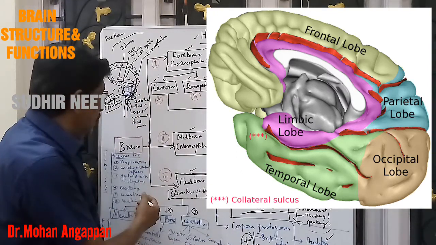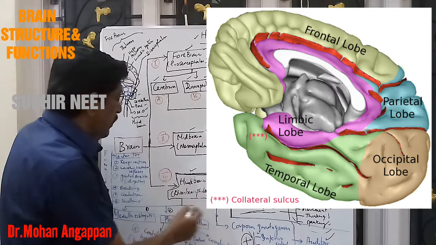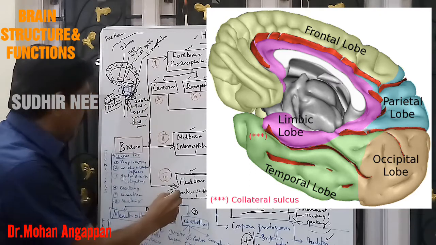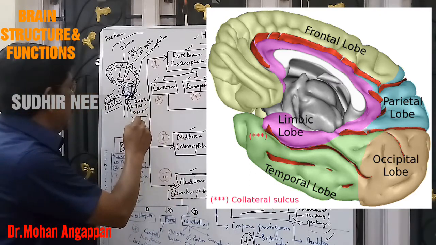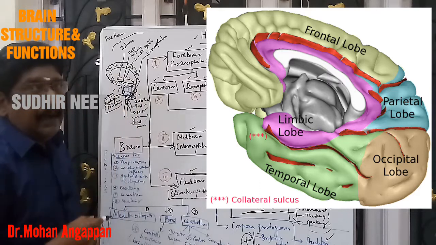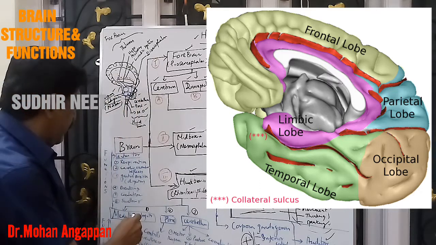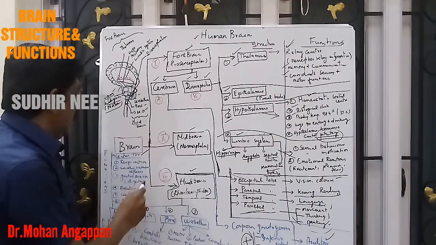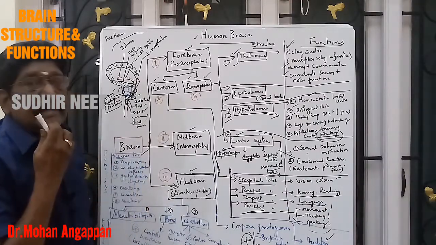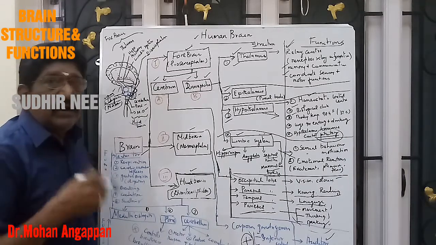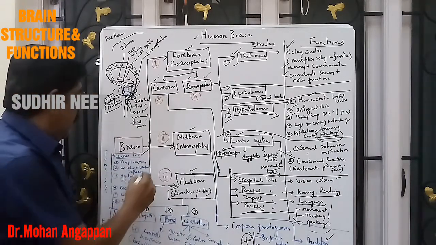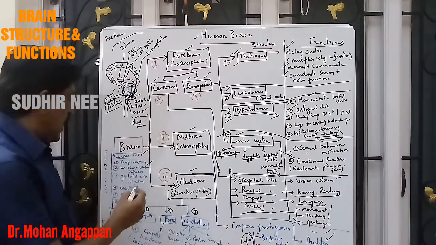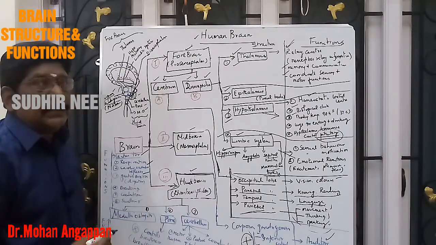And then finally we come to the last part of the brain, the hindbrain or rhombencephalon. This hindbrain consists of medulla oblongata, pons, and cerebellum. What are the functions of the medulla oblongata? The medulla oblongata is the center for respiration. It is responsible for respiration, cardiovascular reflexes, heart activities, and gastric secretion.